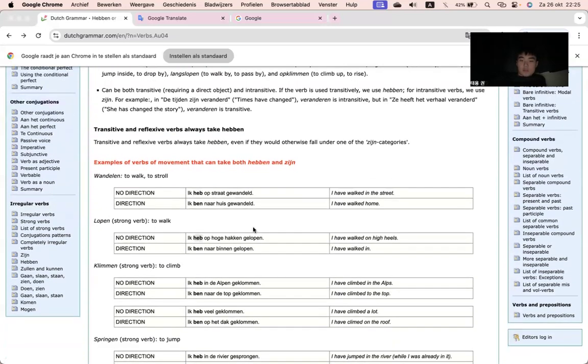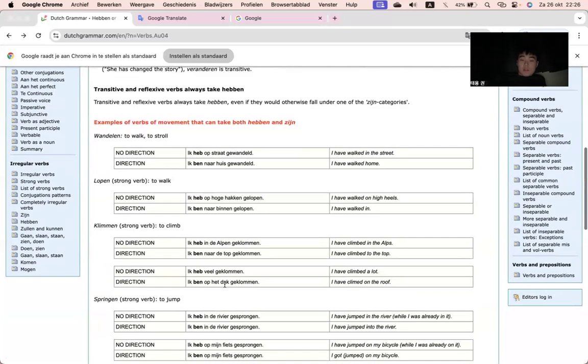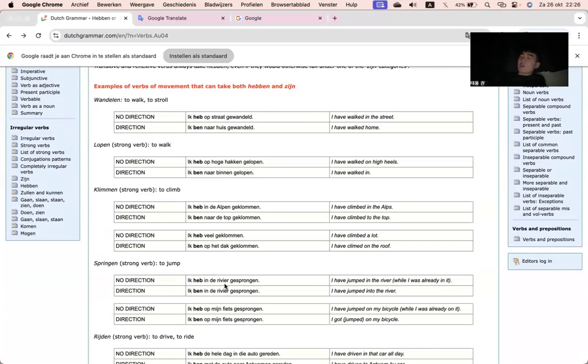I know this because I've used this word quite often. Ik heb ook op hoge hakken gelopen. Klimmen. Ik heb in de Alpen geklommen.